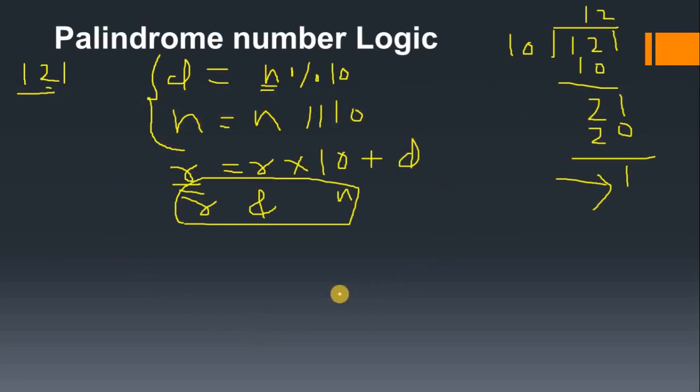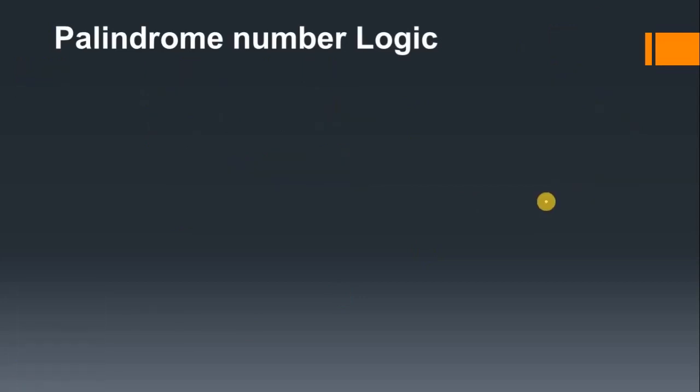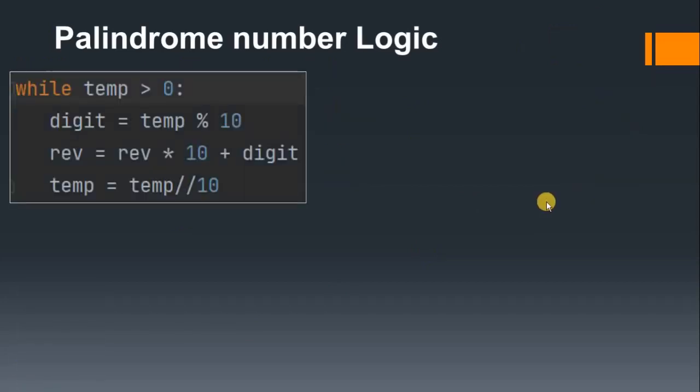So I just erase this. So dear student, this is the logic that you have to put in PyCharm, and now here we will see how it is executed. So here we are actually using a temp variable.